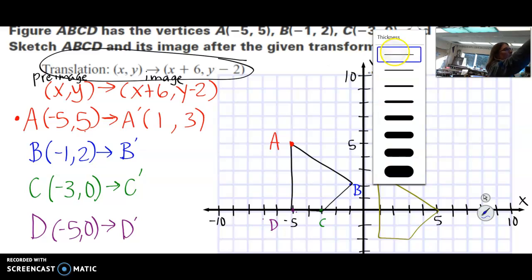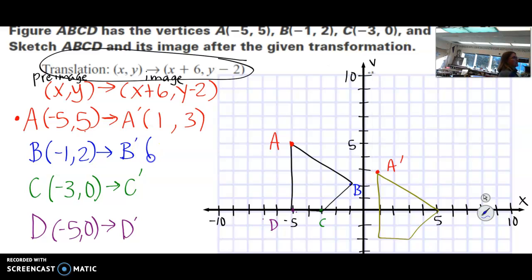So for B here, B prime would become the X coordinate, -1, and I'll just write it out here: -1 plus 6, which is going to be 5. And the Y coordinate, we take the original Y coordinate, put that in there, and subtract 2 from that. So that becomes 5, 0, which is right here. That's my B prime.